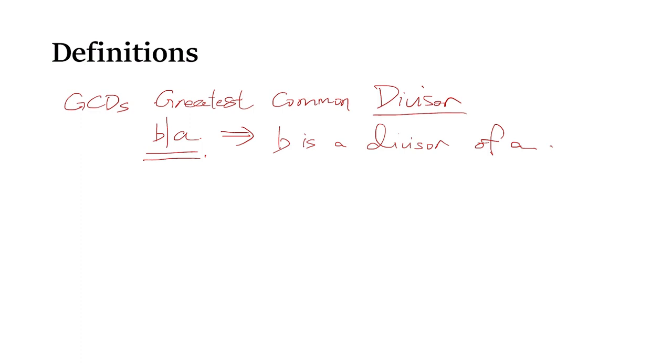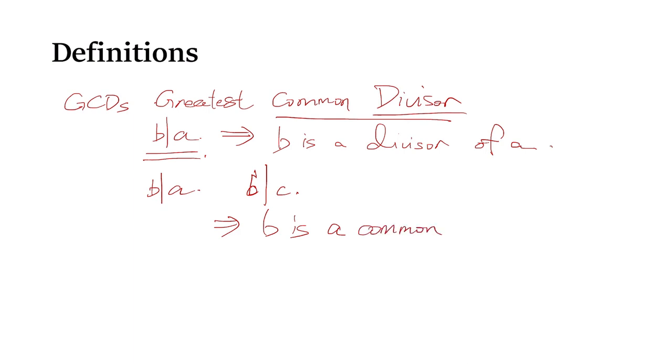So the concept of common divisor is if A is divisible by B, while C is also divisible by B. That means B is a common divisor of A and C. So then it leads to the concept of greatest common divisor, GCD.